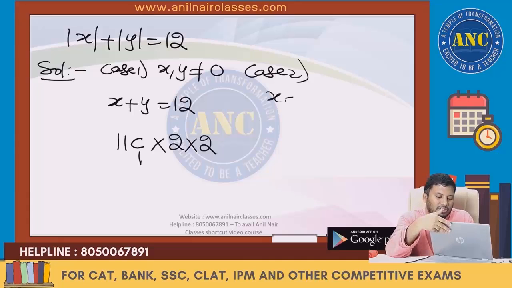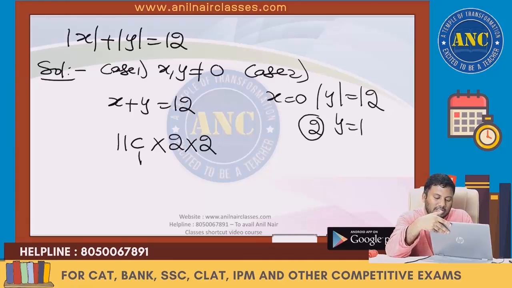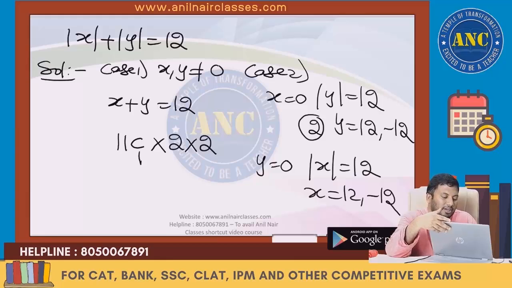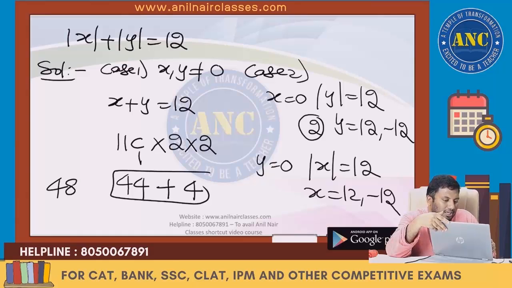If x is 0, mod y is 12. I got two cases. What are the two cases? Y is 12, y is minus 12. If y is 0, mod x is 12, x is 12, x is minus 12. 4 cases. So 11 into 2 into 2, 4 11s are 44. Our condition is plus. 44 plus 4, 48.